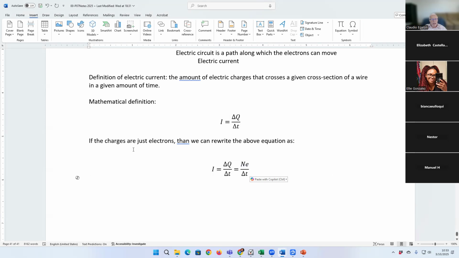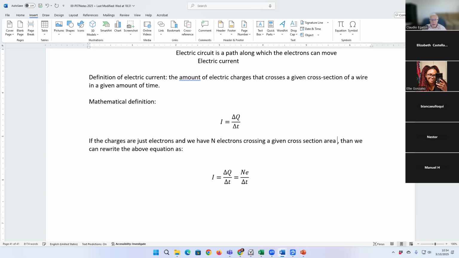If we have N electrons crossing a given cross-section area in a given amount of time, then we can write the above equation as the number of electrons times the electric charge of the electrons, divided by delta T, is going to be the current.